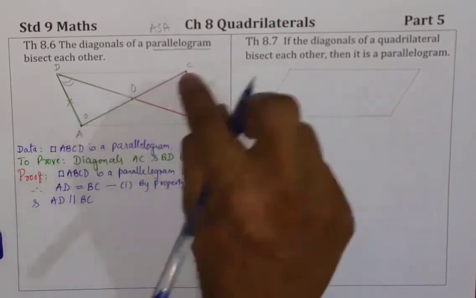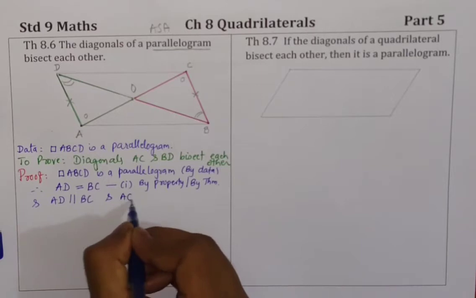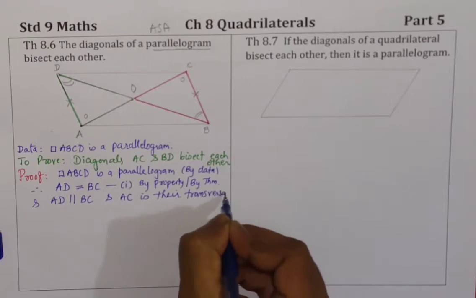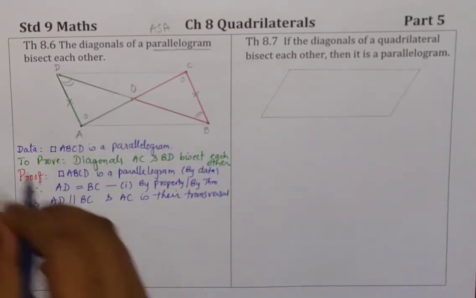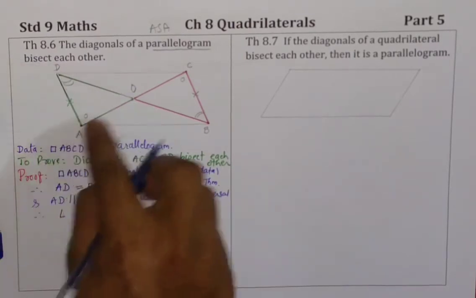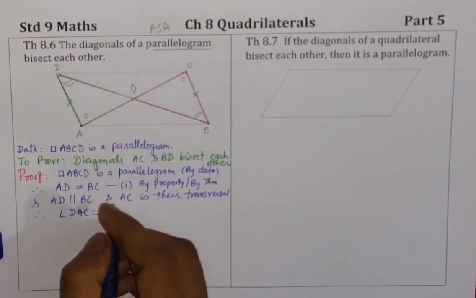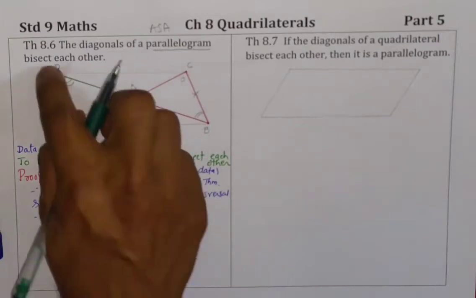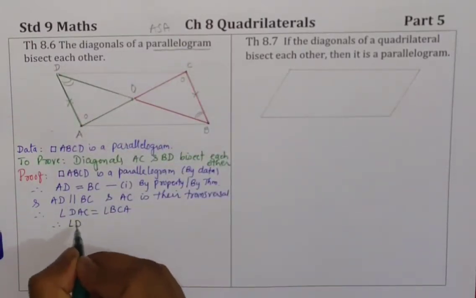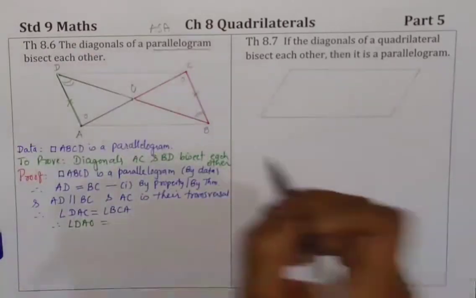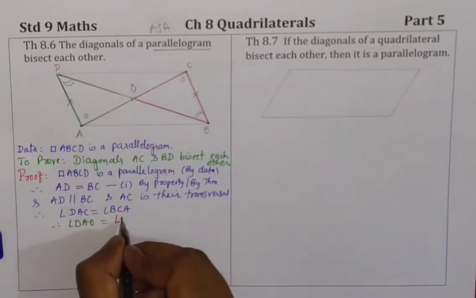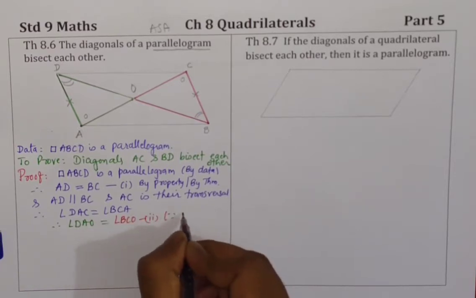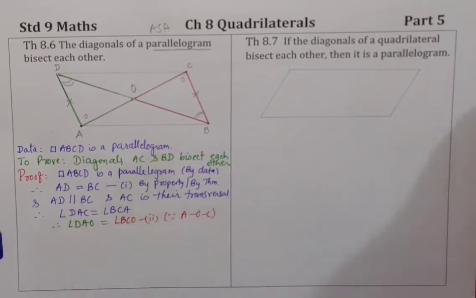Consider this, and AC is their transversal. Therefore, angle DAC is equal to angle BCA. Now instead of DAC, I am going to say angle DAO equal to, instead of BCA, I am going to call it BCO. Result 2. Because A-O-C.